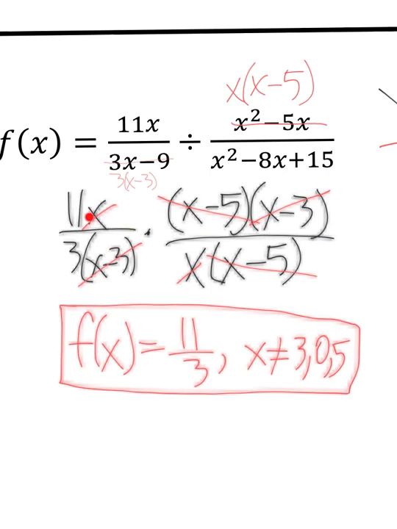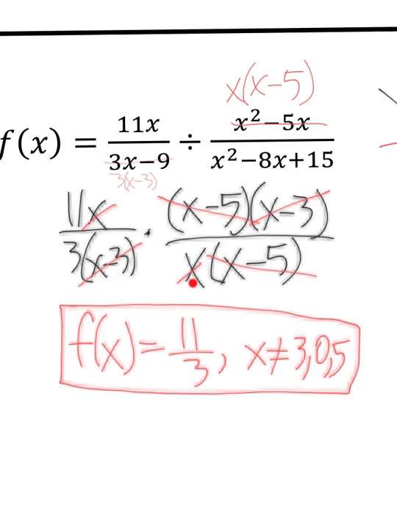And then I have an x here and an x there. It doesn't matter if that has a number by it or not. Technically, this 3 is by the x, if that makes you feel any better. So it's like 11x over 3x. X's would cancel. Anyway, everything cancels out. You're just left with 11 over 3. And then where was the domain restricted? You couldn't plug in a 3 here.